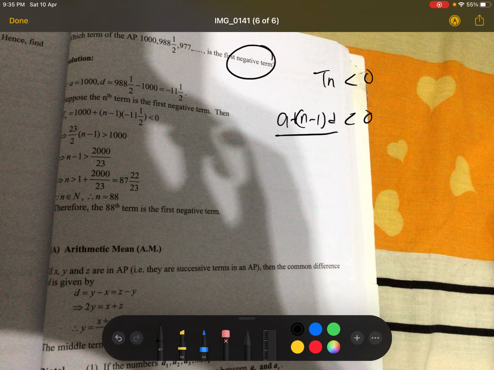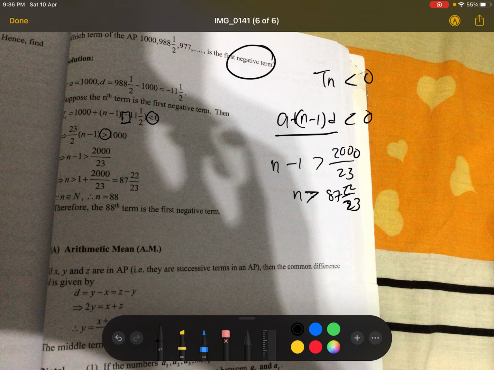So you see here, after some playing around, you find d, you find a, you will get n minus 1 is greater than 2000 over 23. So n equals to 8722 over 23. Not equal to, greater than. So if you see here, it's less than, but after that it becomes more than because of this negative sign here, I think.